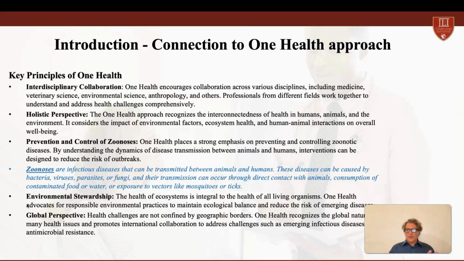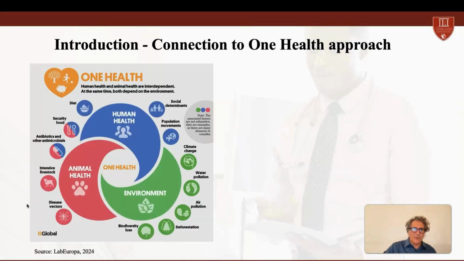So the One Health approach will cover all these different aspects, and it is also an interdisciplinary collaboration, especially from the human and animal health point of view. This is a graphic representation to show again how One Health covers human health, the environment, and animal health.